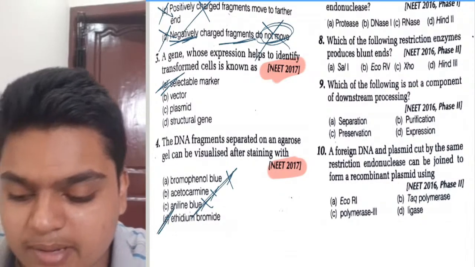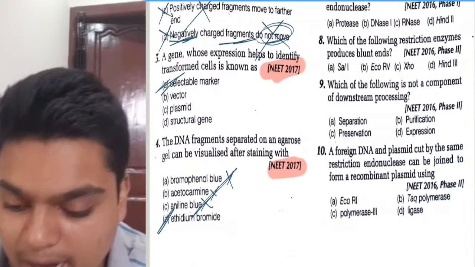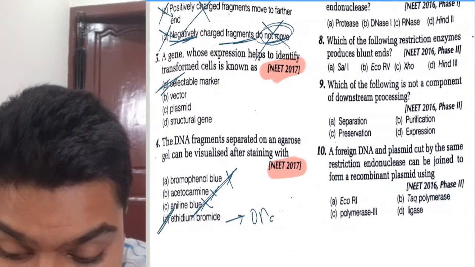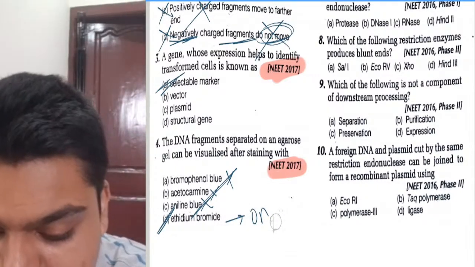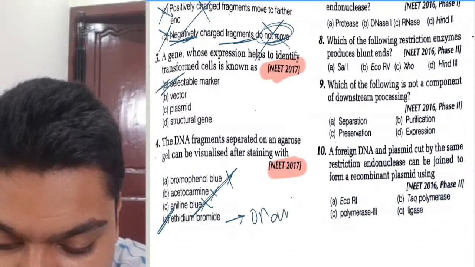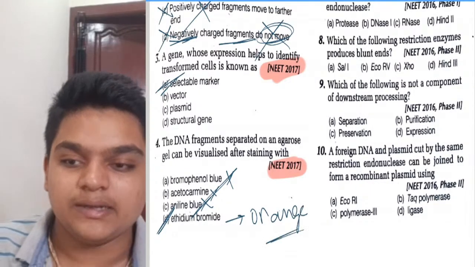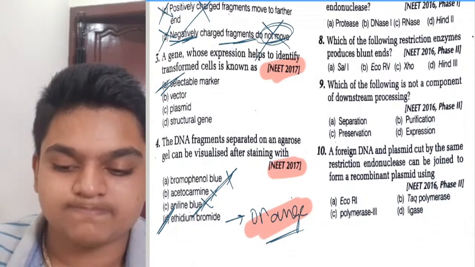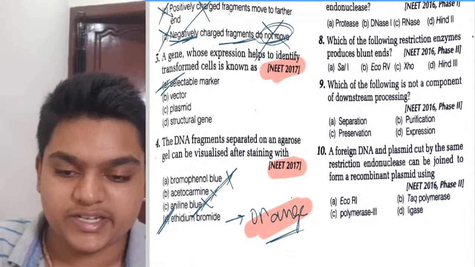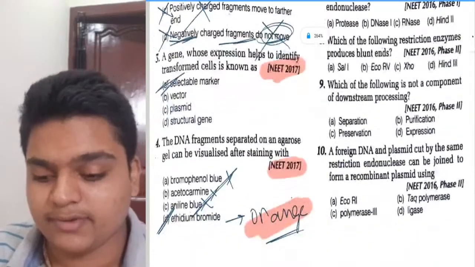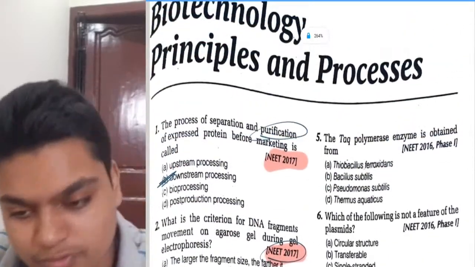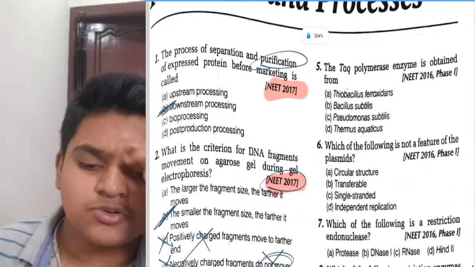So ethidium bromide becomes your answer, and that gives a bright orange color to the DNA strands so that they are visible. Clear? Yes. Very good. That's it. Okay, now let us move on to the fifth question.